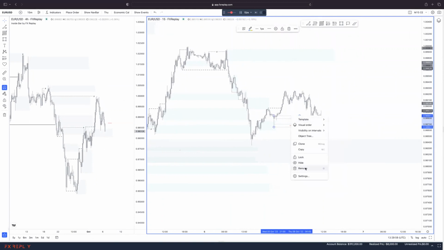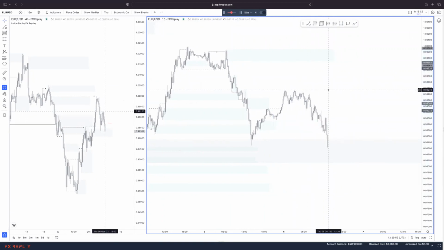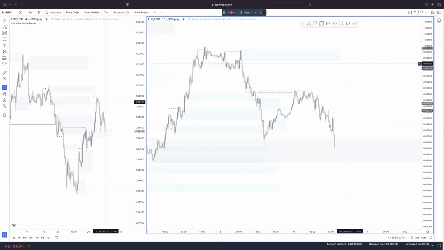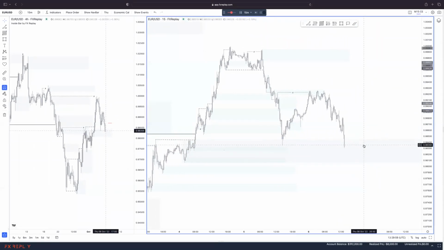So coming lower, they're pretty much just mitigated demand, which is already mitigated, or supply that was already mitigated. Swept that lid. So that was obviously the catalyst for the next bearish leg. We have pretty significant eyeballs to work with.